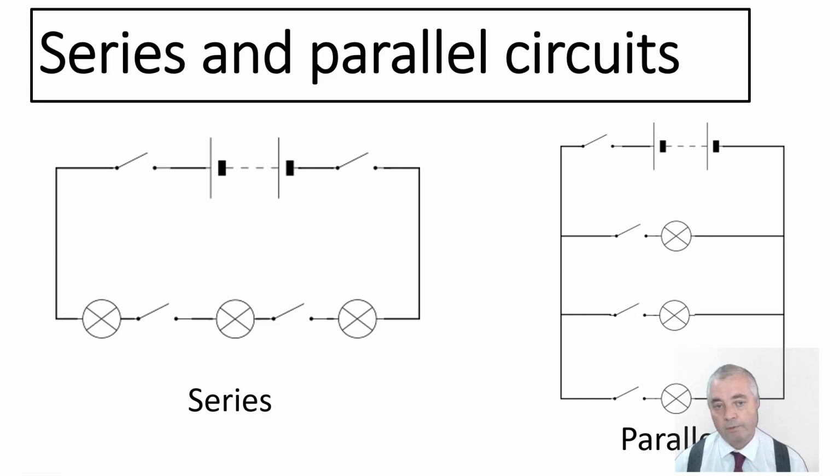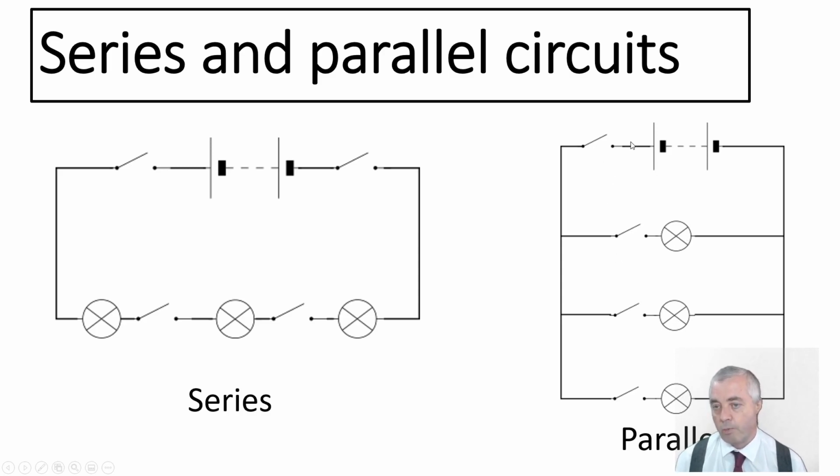So with a series circuit, we can either have all the bulbs on or we can have all the bulbs off. But a parallel circuit is much more versatile. If we close this switch and then we close that switch, we can turn on this lamp but have these 2 off. And then if we open this switch and close those 2, we can have those 2 on but this one off.